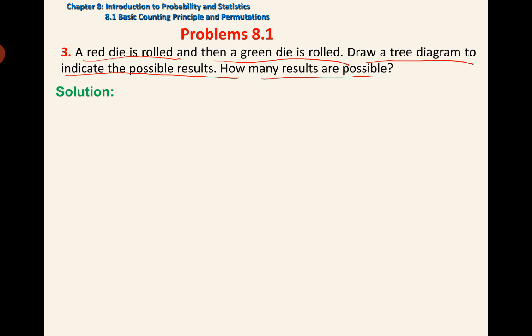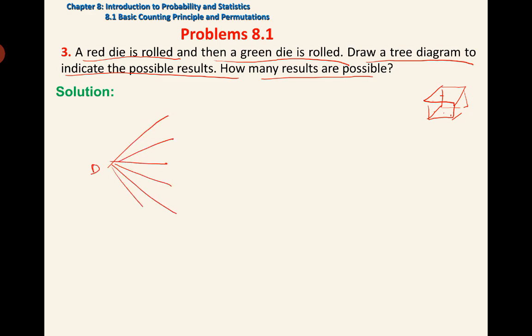When you roll a die, there are 6 possible outcomes: either 1, 2, 3, 4, 5, 6. It's actually a cube with 6 different sides, so every side will be numbered. So the outcome has 6 possible numbers.